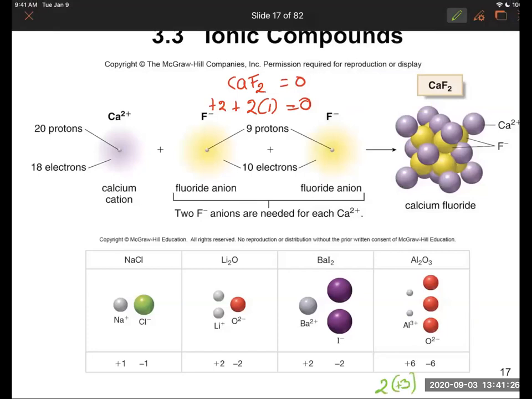Aluminum is not going to change. Plus, you have 3 oxygens, and the charge is always going to be -2. That is going to equal 0.